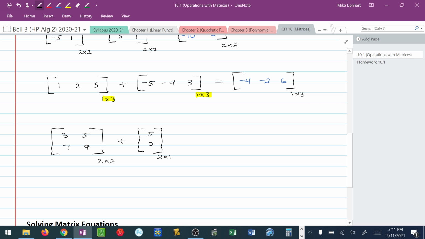But what do I do with this 5 right here? It doesn't have anybody to match to in the other matrix. Therefore, I can't add these. And you simply say, can't add. All right? It's not possible to add them together.